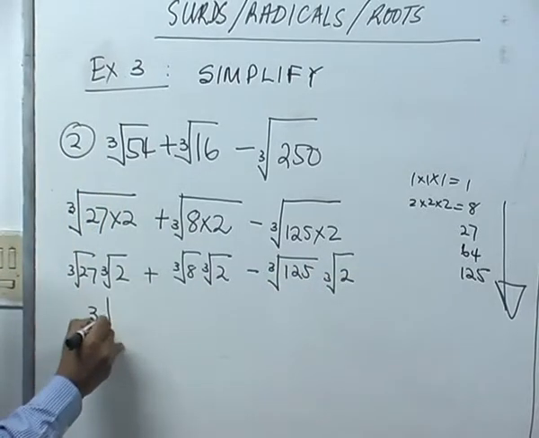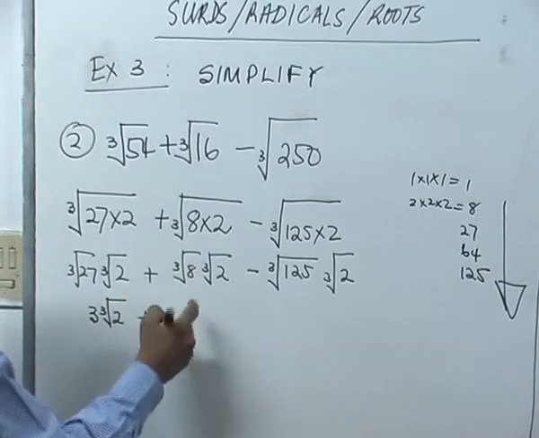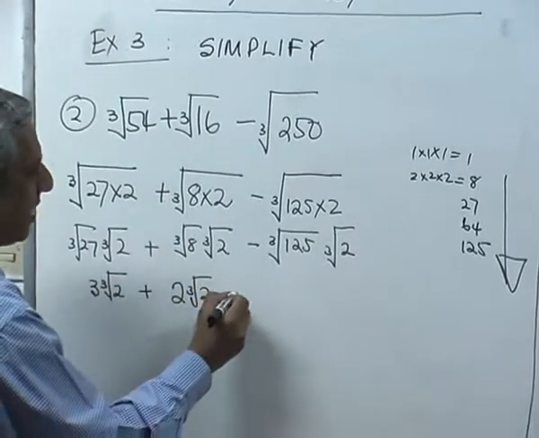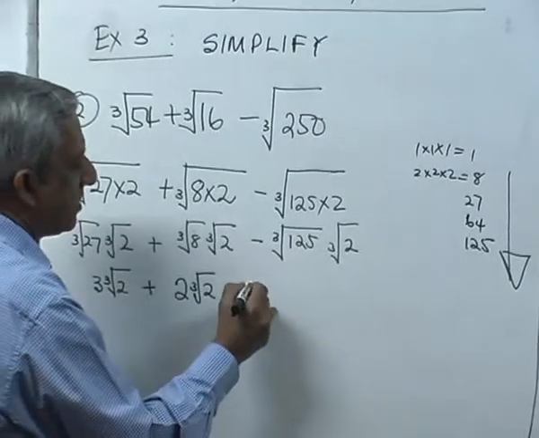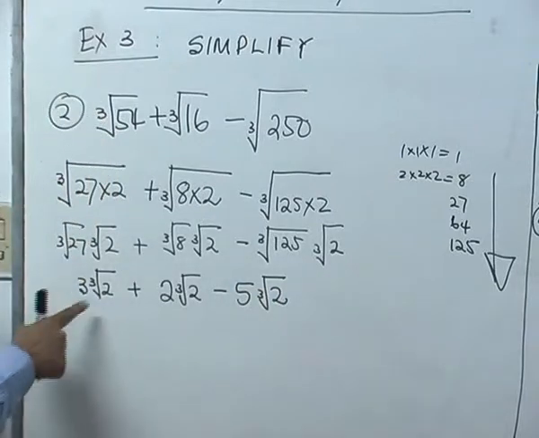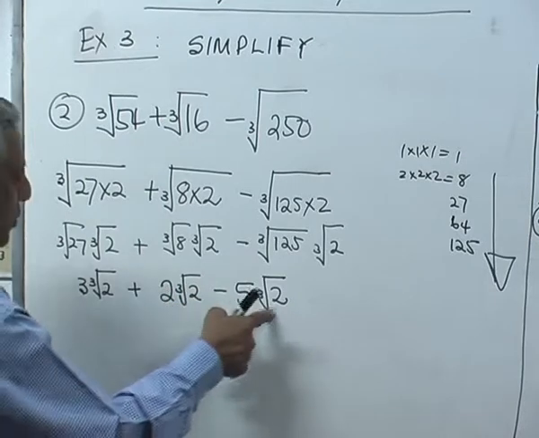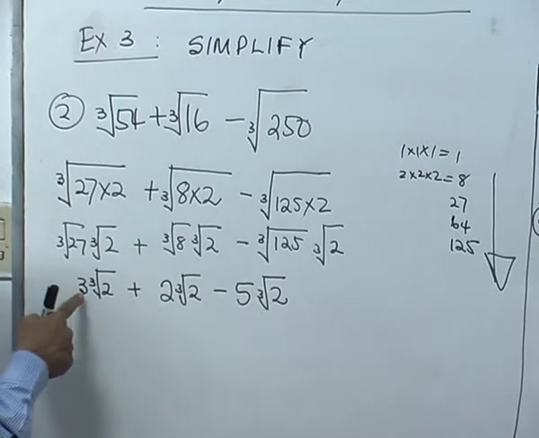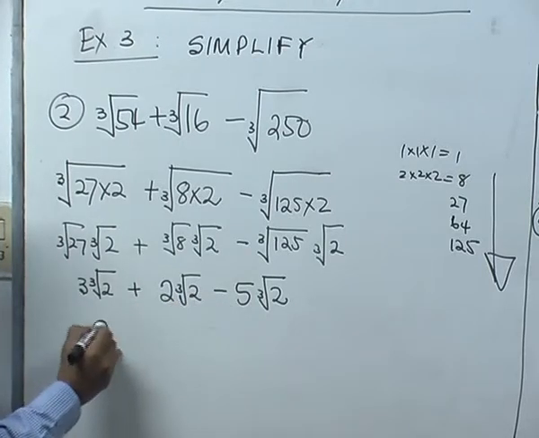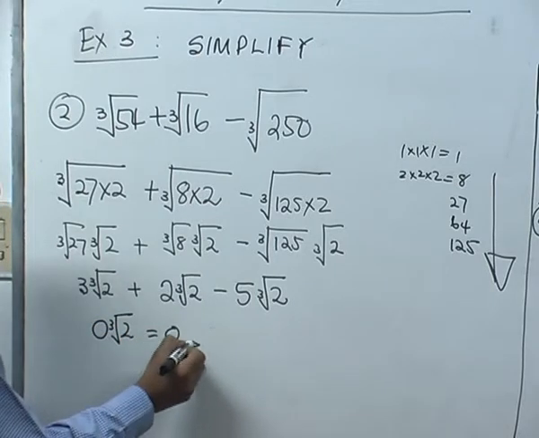So this is 3 cube root 2 plus cube root of 8 is 2, 2 cube root 2 minus cube root of 125 is 5, 5 cube root 2. Now this is cube root 2, cube root 2, cube root 2. So they are like terms. Therefore 3 plus 2 is 5, 5 minus 5 is 0. 0 cube root 2, which is actually 0.